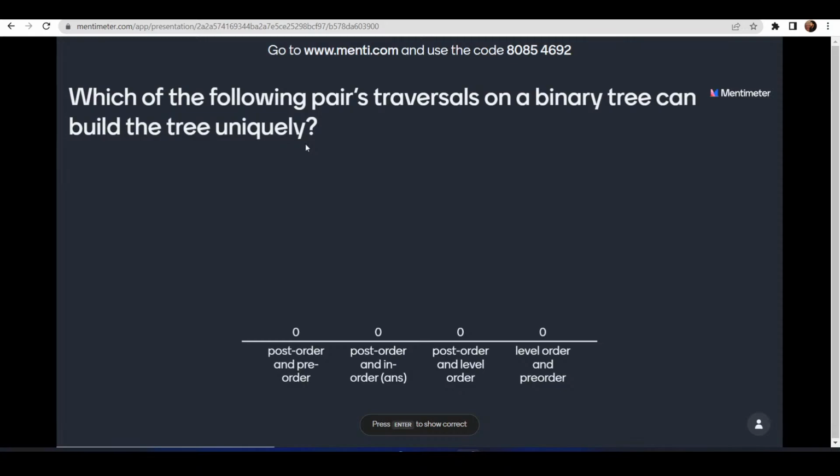So it is clear that if we are given the postorder and the inorder traversal, or the preorder and the inorder, meaning any of pre or post order with the inorder traversal, it can identify the tree uniquely, because in the inorder traversal you get to know where the root is, meaning you get to know the left and the right subtree uniquely, and in post or pre-order you will get to know what the root is. So with the combination of pre-order and inorder, or post-order and inorder, you get to know the unique tree. So here in this case we are given the option as postorder and inorder, so clearly it will be the answer.